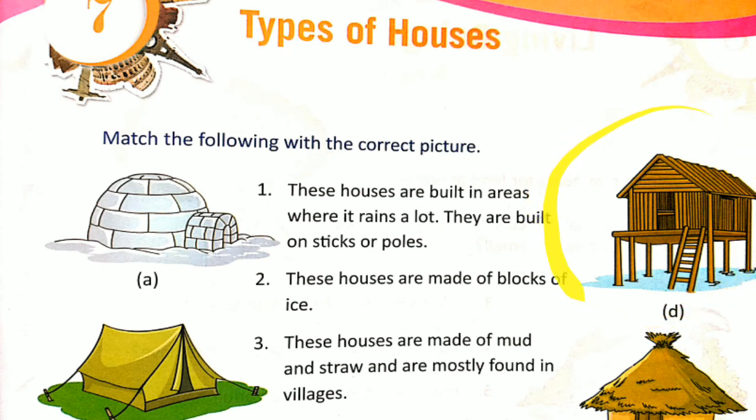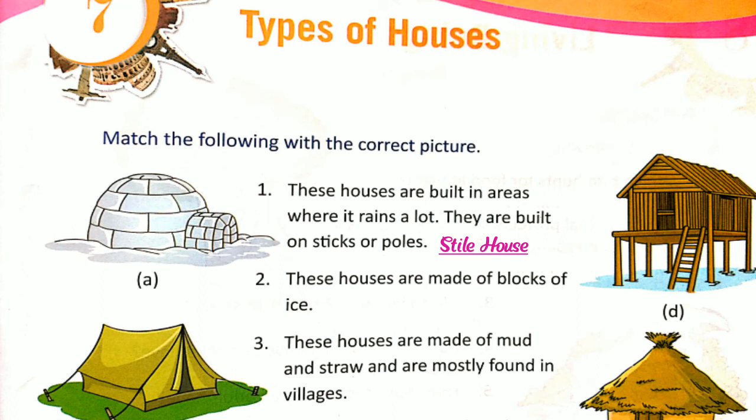Here we can see a stilt house. This house is built in rainy areas and is built on sticks and poles. This type of house is called a stilted house. Very good children.